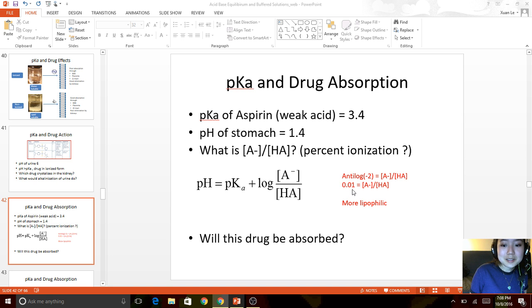That means that there's not going to be very much ionized form of this drug, so it's going to be a lot more lipophilic. So that means that it will absorb into the membranes as well as the GI tract faster.